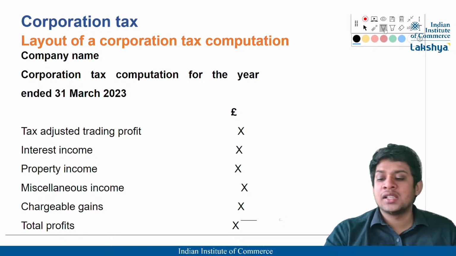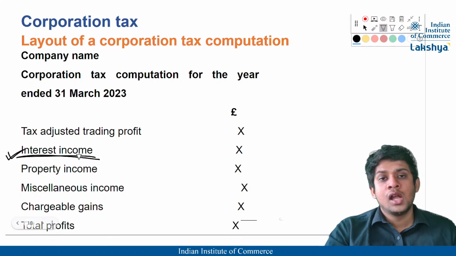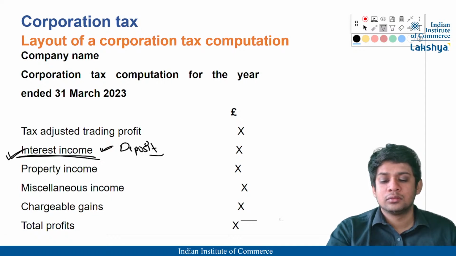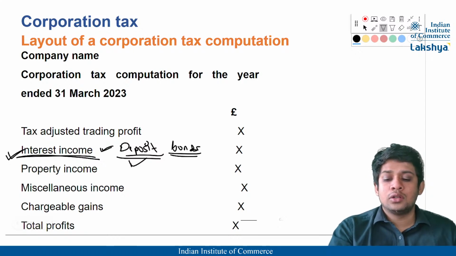Then the next part is interest income. What is the interest that you are receiving, and how is it to be stated here? Interest income would be when maybe I have made a deposit, or maybe I have purchased certain bonds. On those I am receiving interest, correct?